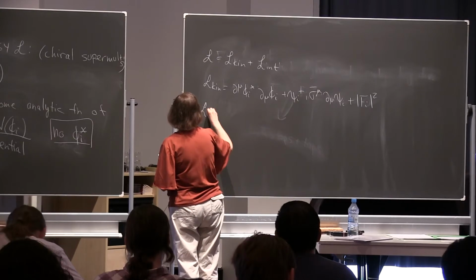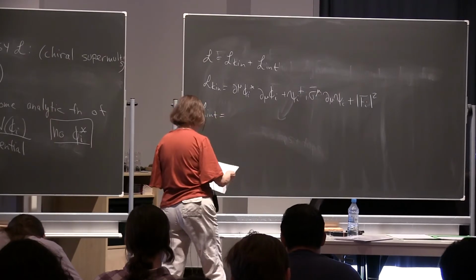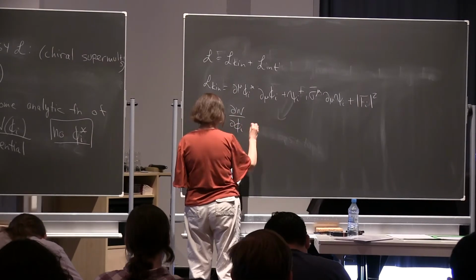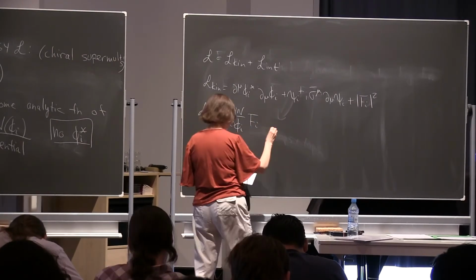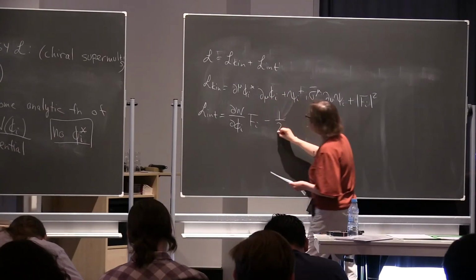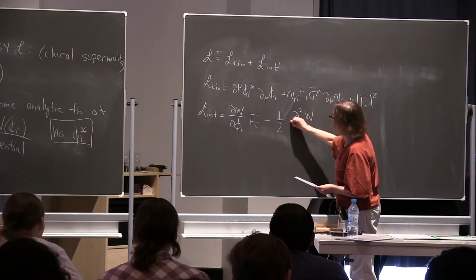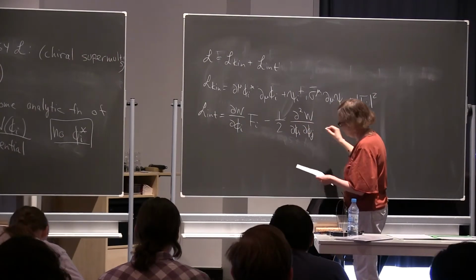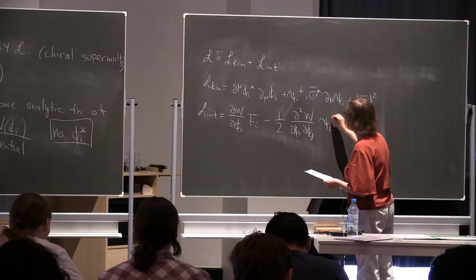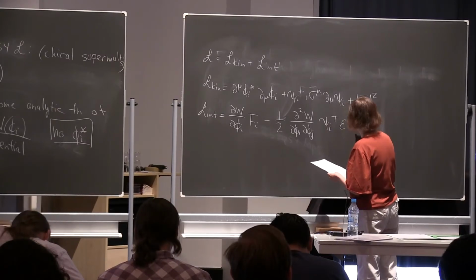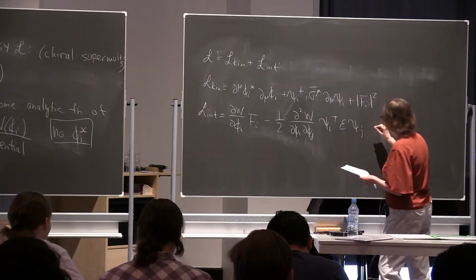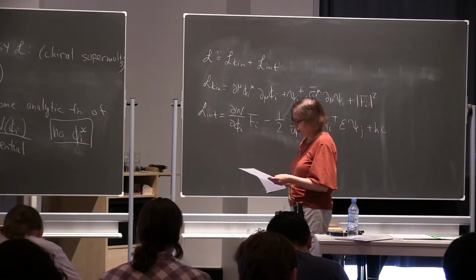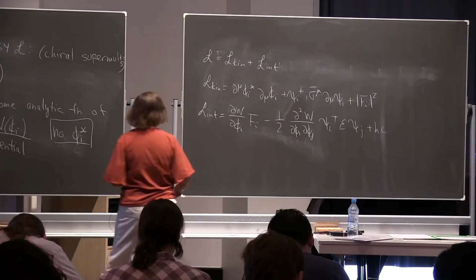And the interacting part is going to be equal to the following thing. There is ∂W/∂φ_i F_i − 1/2 ∂²W/∂φ_i∂φ_j ψ_i^T ε ψ_j plus the Hermitian conjugate. And that's it.